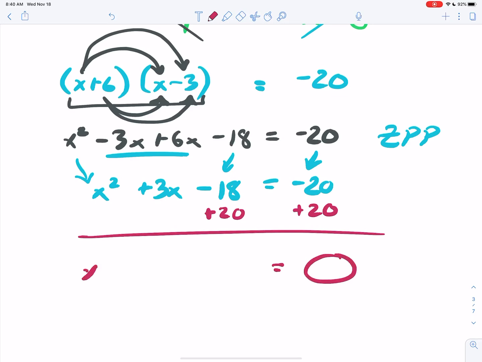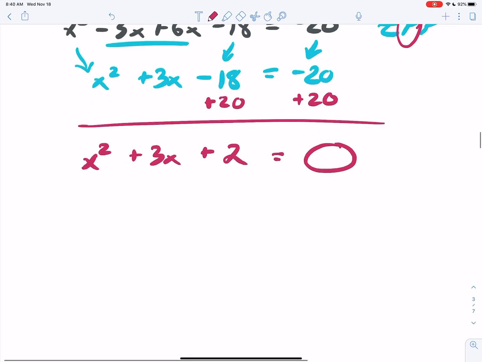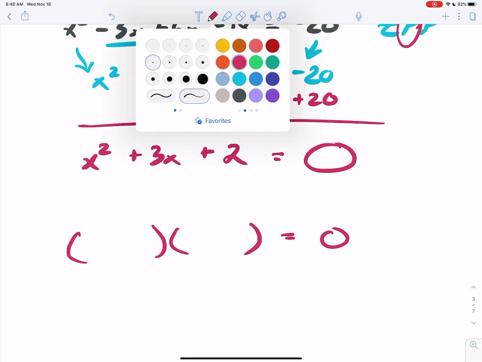Okay. I have x squared plus 3x. -18 plus 20, different signs we subtract. We keep the sign of the larger number. We should get positive 2. So we have our 0. Now we need our product. So we're going to have to factor here. Okay, press play whenever you've factored it or if you're stuck.